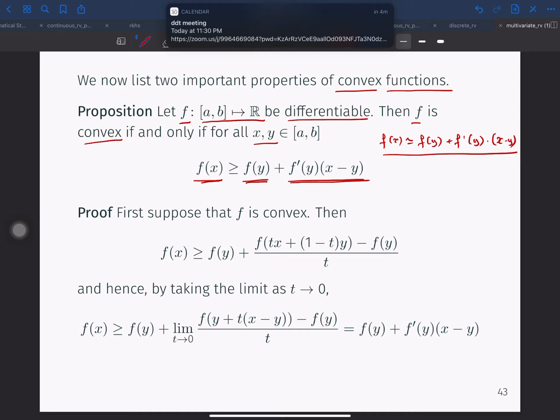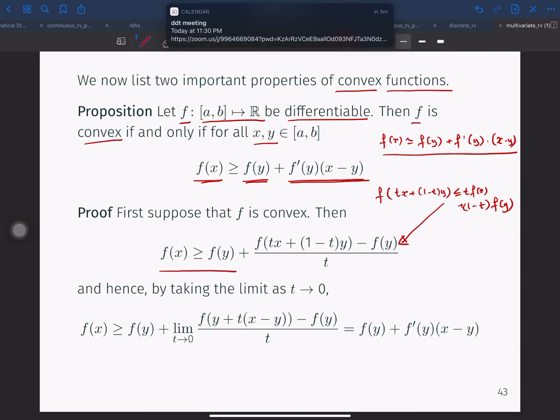And the proof is, I think, quite simple. If you have the condition f(tx + (1 - t)y) is less than t f(x) plus (1 - t) f(y), then by rearranging this inequality, you should get this condition.